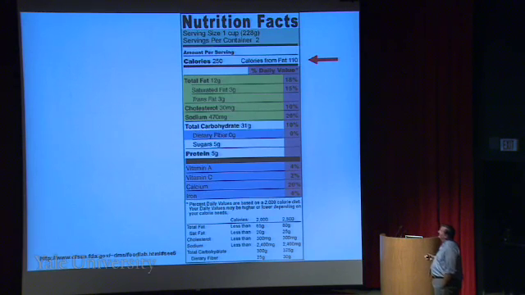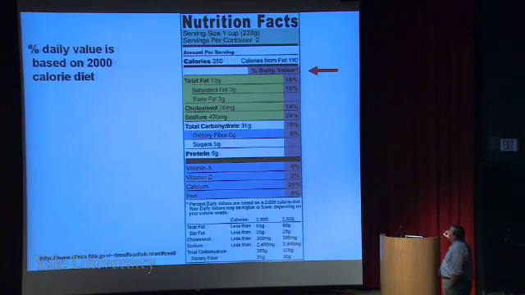Then you can look at the number of calories from fat that's offered in the food. And then you can look at the nutrient breakdown as a function of the percent of daily value. Now, daily values are established by the government, how much of the nutrients the typical person needs, and then what percentage of that a food provides.